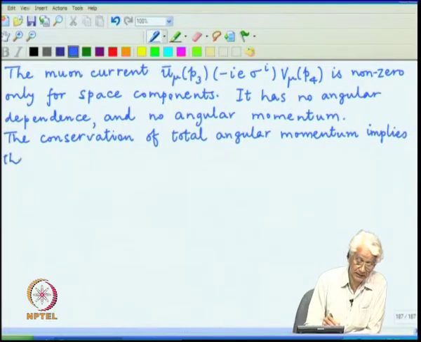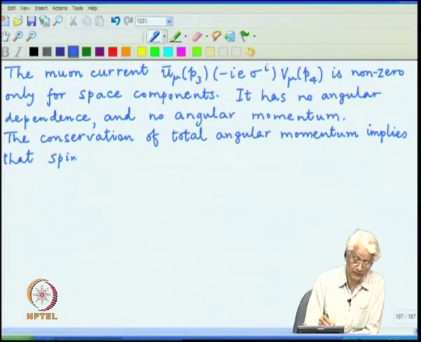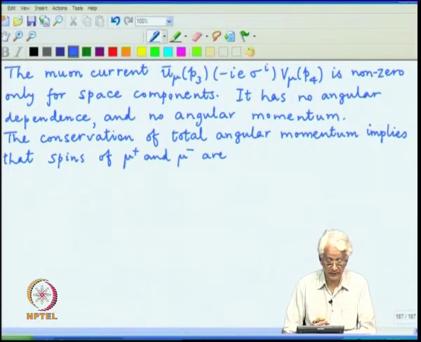That implies that the spins carried by these muons have to be aligned with the angular momentum of the initial electrons and positrons. The electrons and positrons are highly relativistic, so all they contribute are actually helicities and not the total angular momentum.